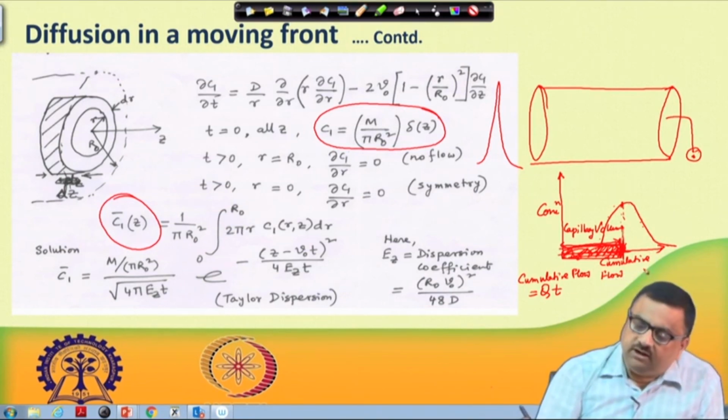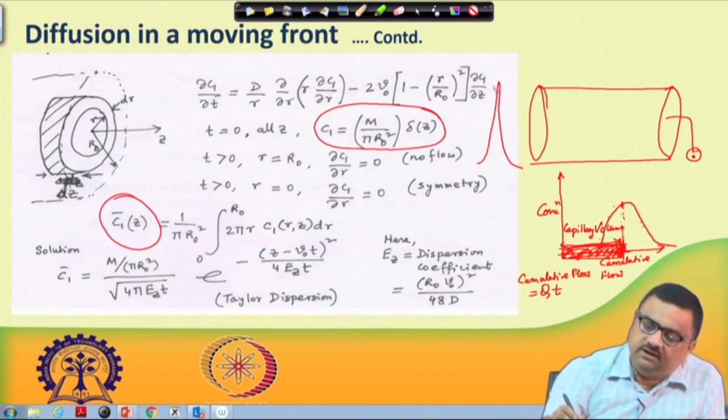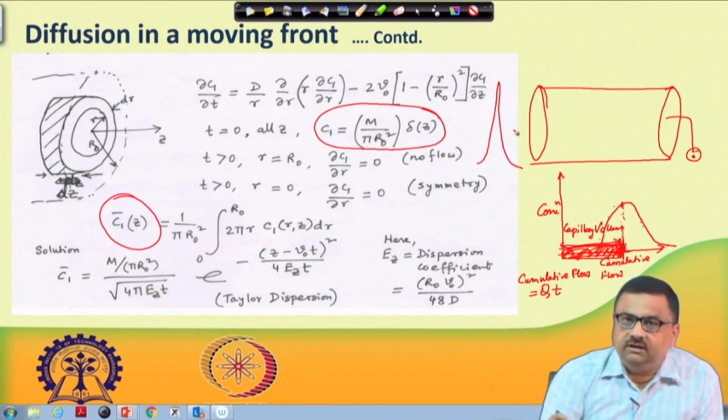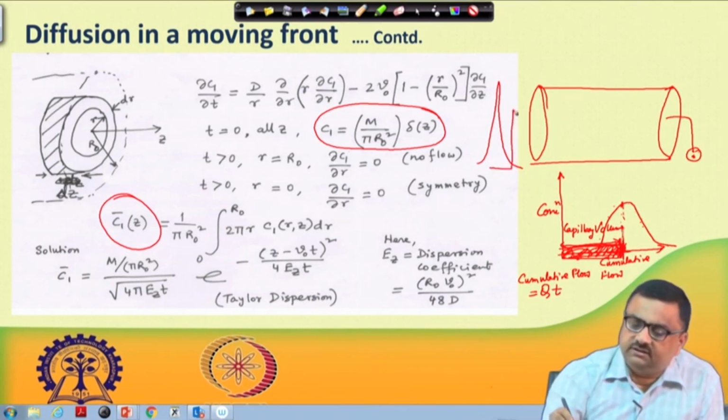Now, what we are going to do next is, instead of a Dirac function, we will place a step change in concentration.